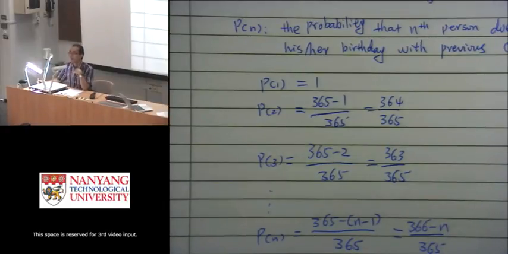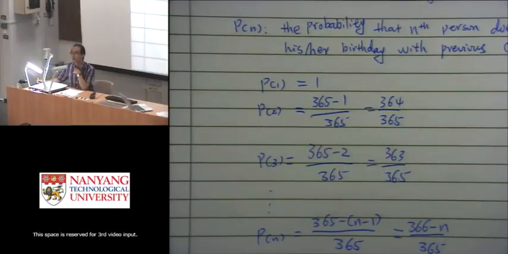And what's the probability that all these n people don't have the same birthday? The first slide we learned. Times them up, right? So the probability should be 1 times 364 over 365 times 363 over 365 until 366 minus n over 365.